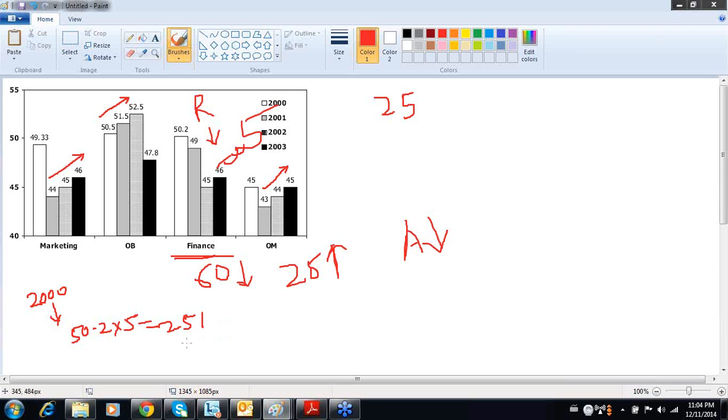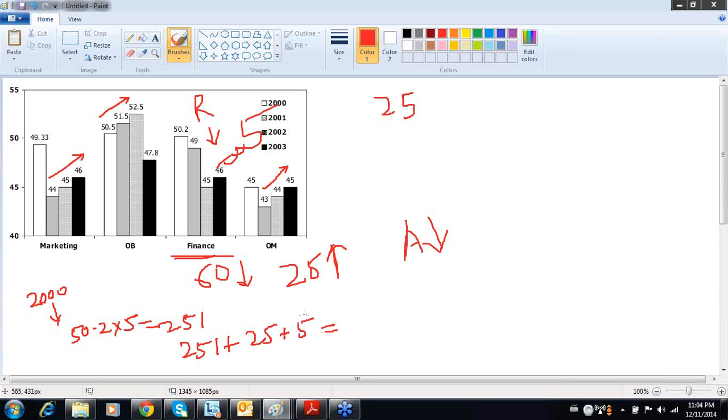Okay. Now in 2001, a new entrant is there. If there is a new entrant in 2001, what will be the total age? We are considering that in 2001 the average dropped from 50.2 to 49, so we are considering that the person entered in 2001. So it is 251 plus 5.